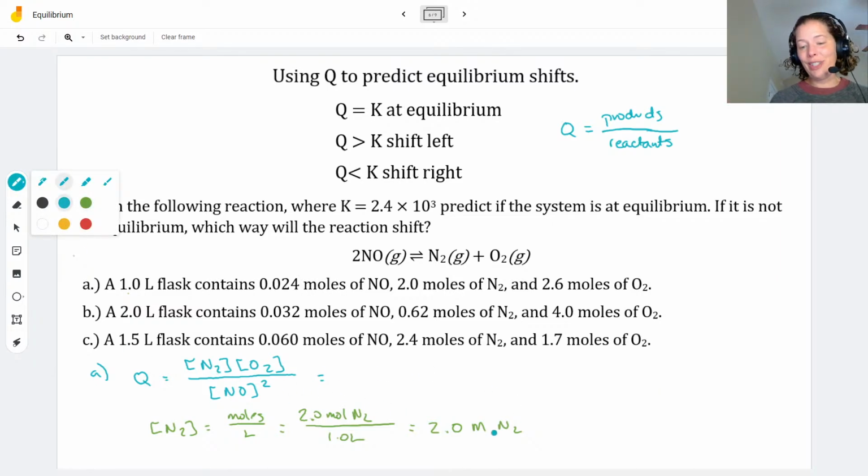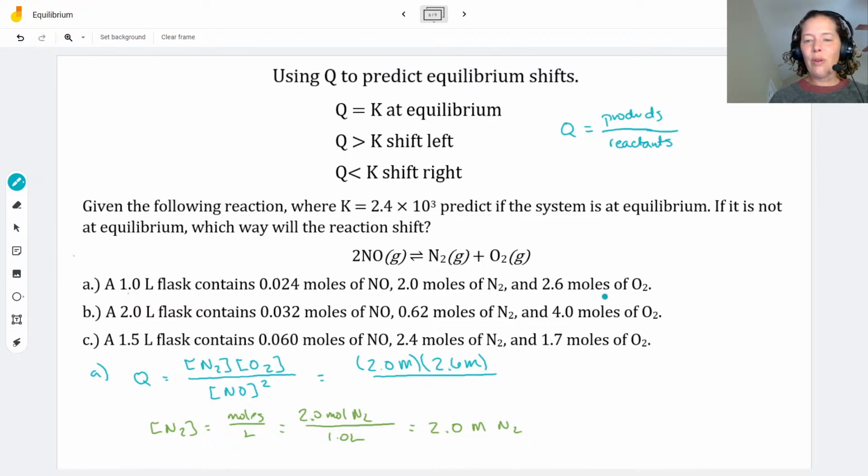Okay, so I just calculated my concentration of nitrogen, and that is 2 molar. Now my oxygen, again, it's 2.6 moles divided by 1 liter, so that's 2.6 molar. And this is all over my nitrogen monoxide, 0.024, and don't forget that is squared.